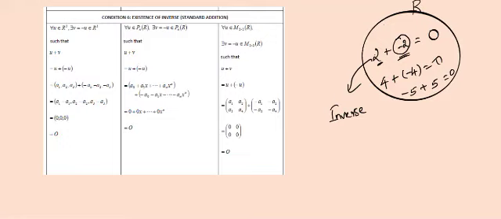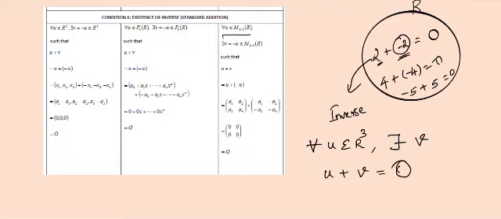See, the proper definition is this. For every vector in R3 or Pn of R or M2 cross 2 of R, there must exist another vector such that if you add these two vectors, I should get the 0 element.